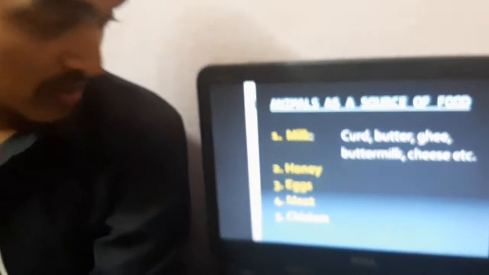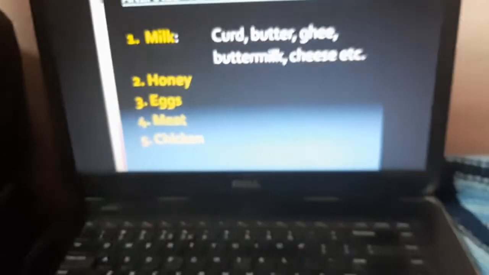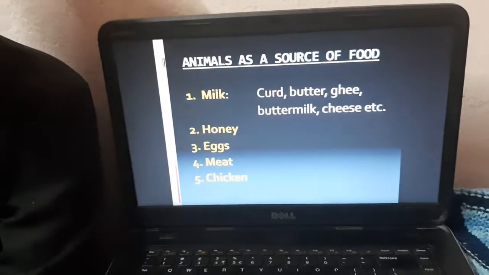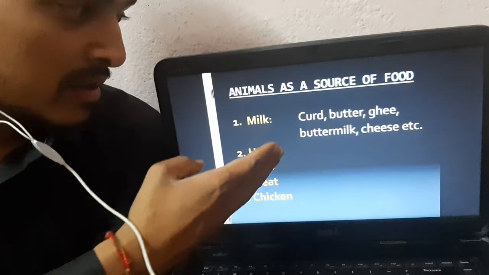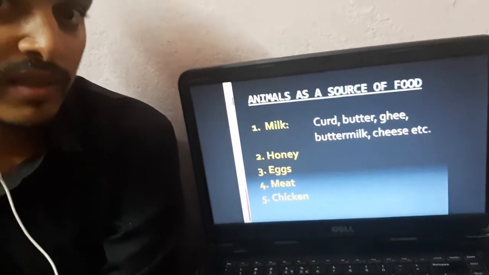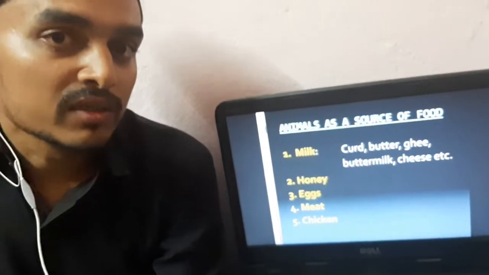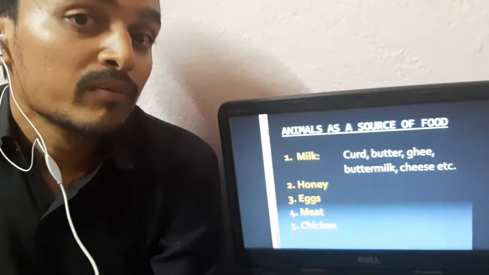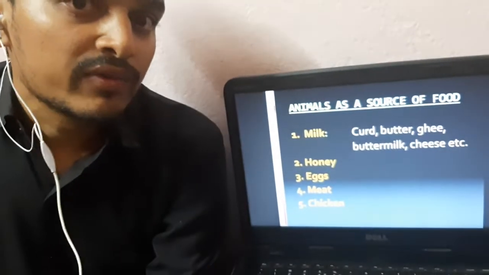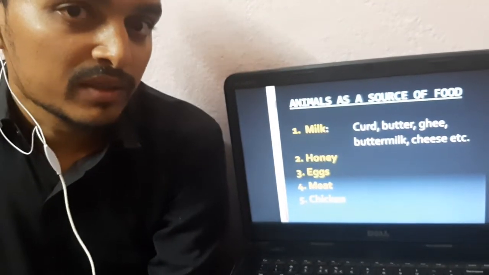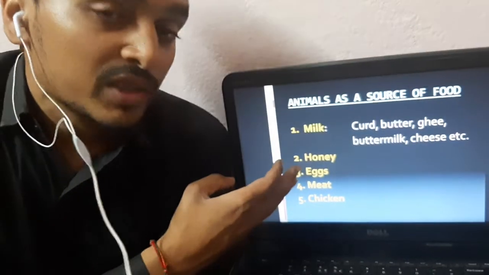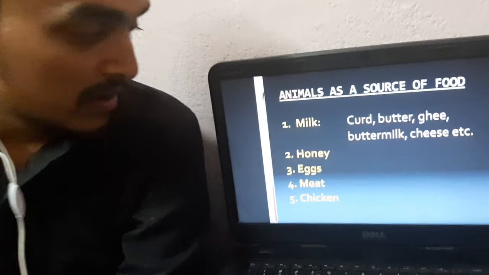Not only milk, we can obtain different kinds of materials from milk also, like curd, butter, ghee, buttermilk, cheese. These are materials we can obtain only from milk, and we use them in different kinds of food making, like curries and different dishes.